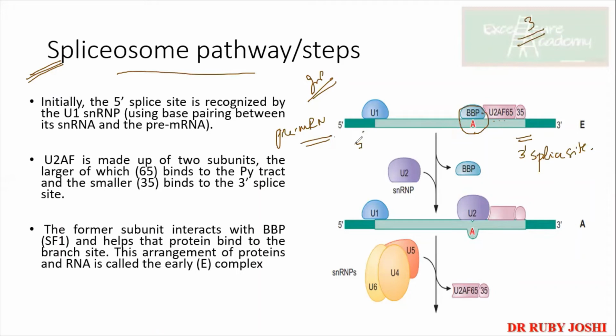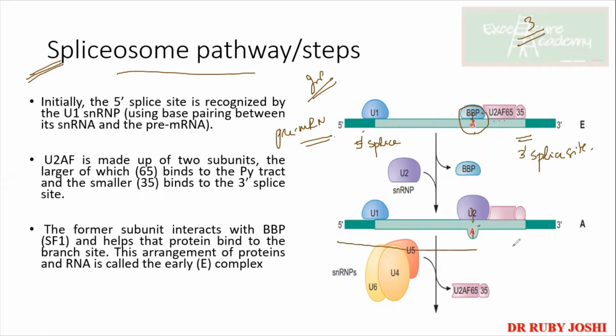U1 will come to your 5' splice site. Now this BBP will be displaced by U2. So we also know that as U2 binds here, the A is pushed upward. Anyways, so it is going to interact with the U2.